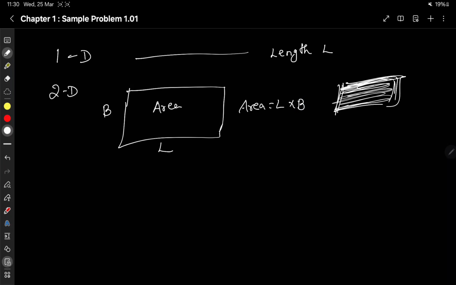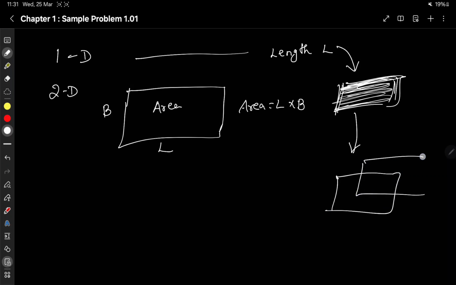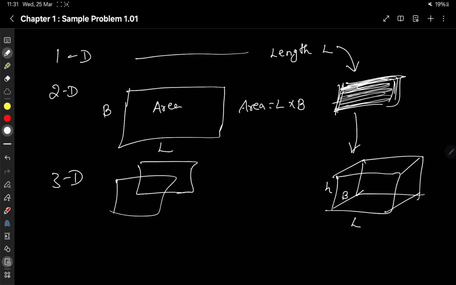Now if I stack the 1D object, I get a 2D object. If I stack this 2D object, I will get a 3D object, right? If you assume the 2D object as a paper, if I stack it together, I will get a book, and the book will have some length L, some breadth B, and some height H. So the 3D object will have a property called volume.